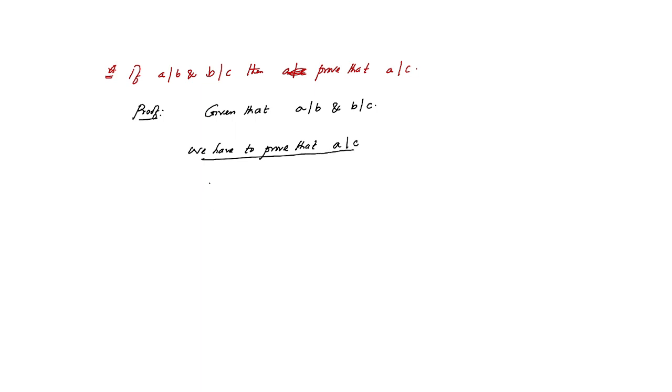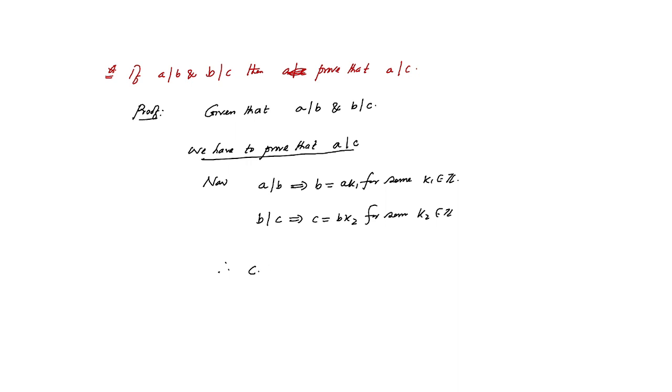Start from a divides b, which implies b = a k1 for some k1 belonging to Z. That we have taken with the help of divisibility. And b divides c implies c = b k2 for some k2 belonging to Z. Now we will show a divides c, that means we will show c equals a times some integer.